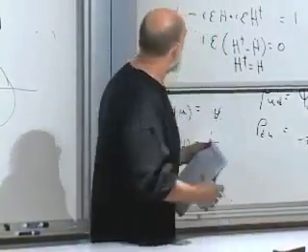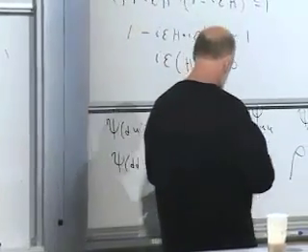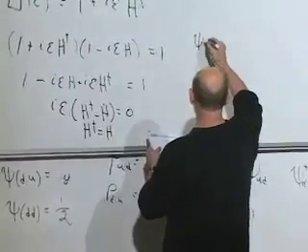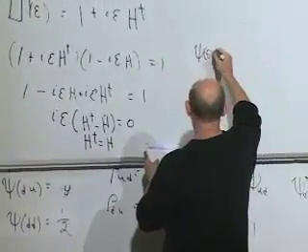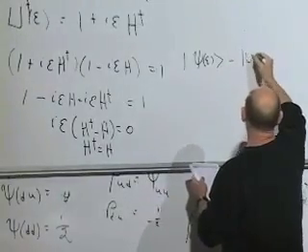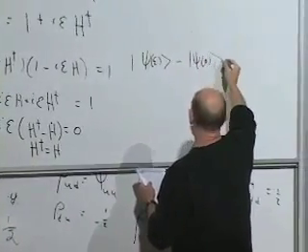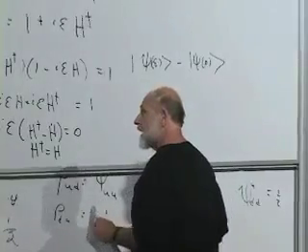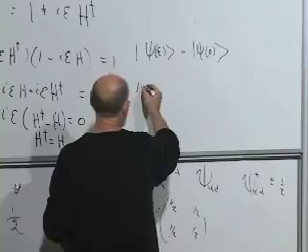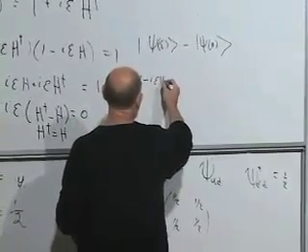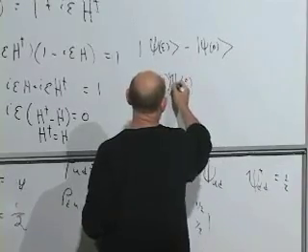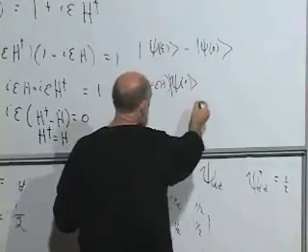We can write this another way. Let's write psi of epsilon minus psi of 0. What is that? Psi of epsilon is 1 minus i epsilon h times psi of 0, minus psi of 0.